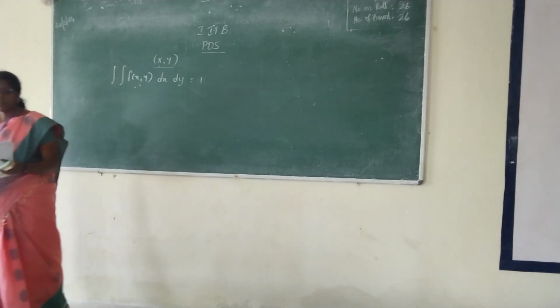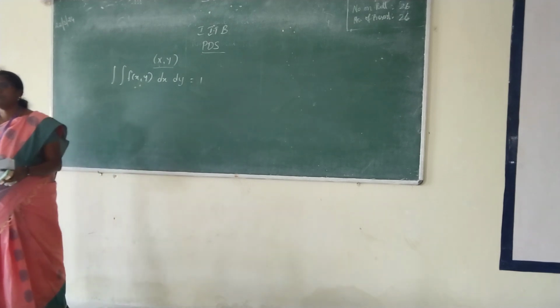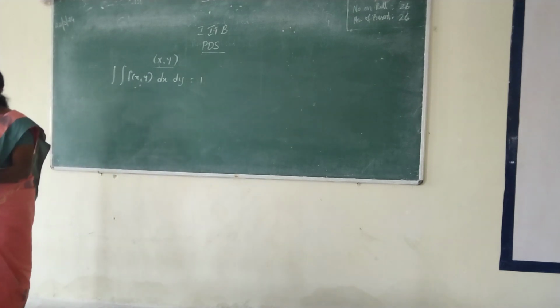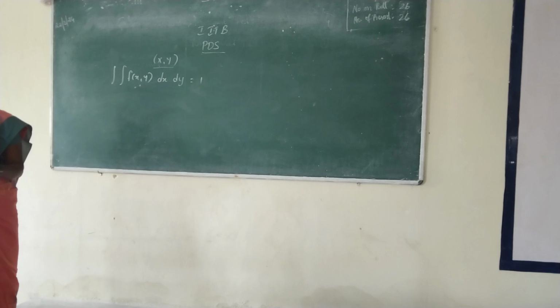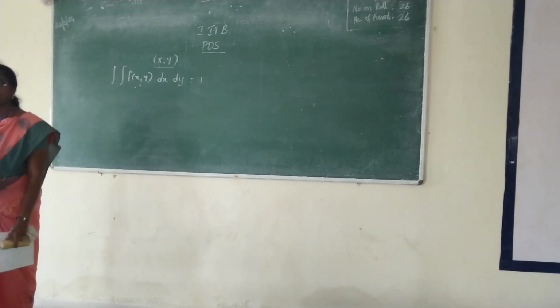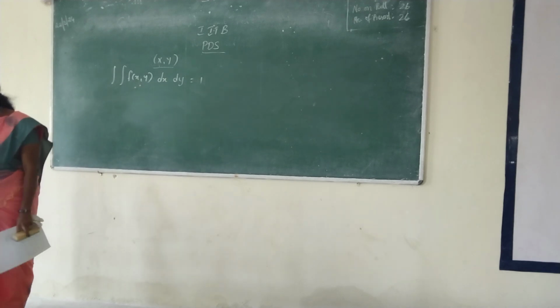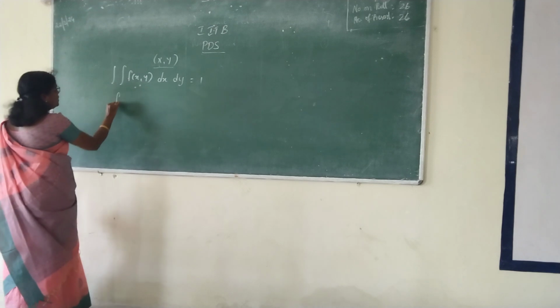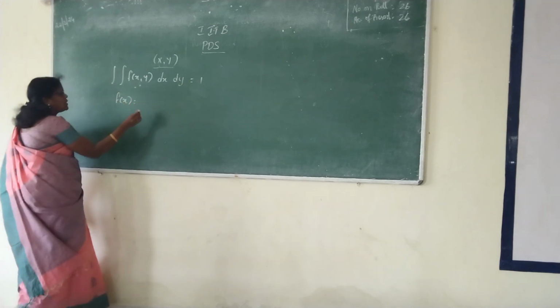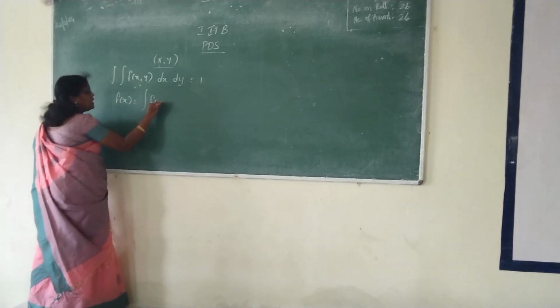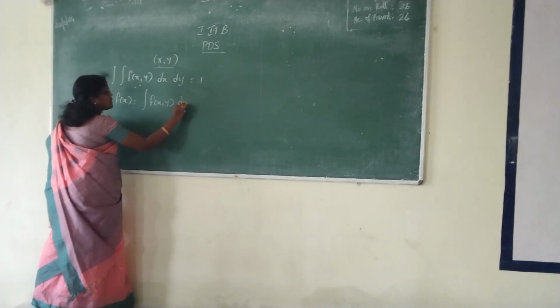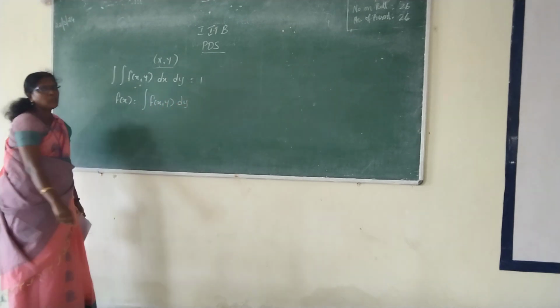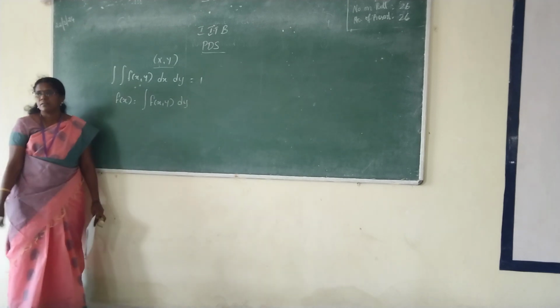So take down the marginal PDF of x, which is defined as f of x equal to integral of f of x comma y dy.